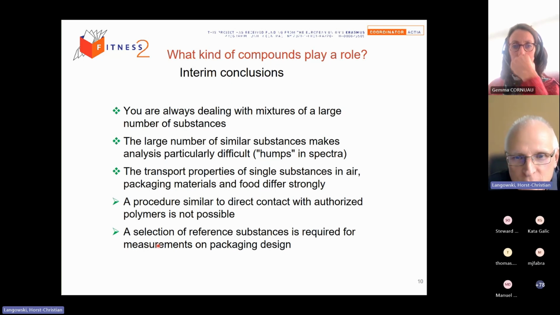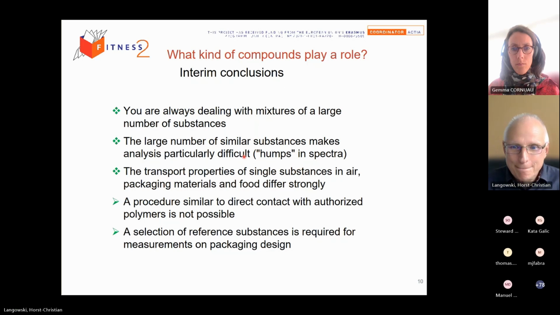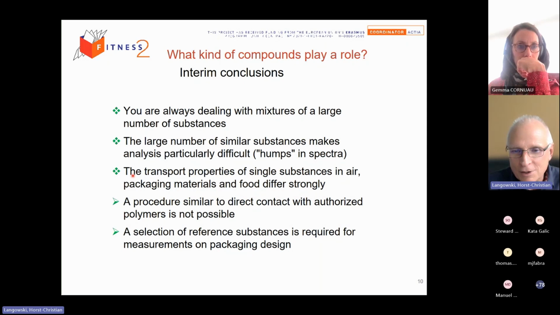Okay, some interim conclusions. We have the problem with those mixtures of a large number of substances, which makes things complicated, especially when measuring them. I showed you these humps, which create problems in measurement. The substances have different sizes. Some are small, some are large, and therefore their transport properties are different, and they may also separate, so you may have a different composition in one compartment compared to the other.